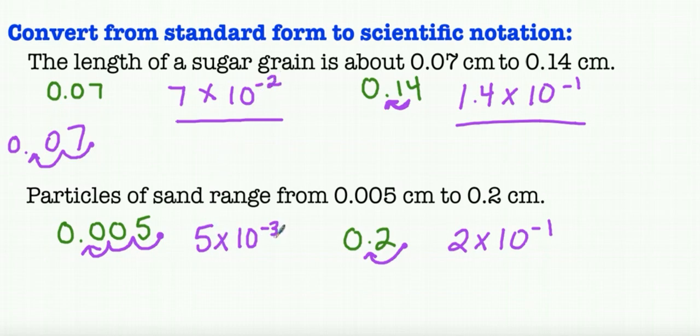Here, -3 is smaller, so by looking at these two values in scientific notation, that number is smaller, okay? So the two that I have underlined are smaller because their exponent is smaller and they're both written in scientific notation correctly.